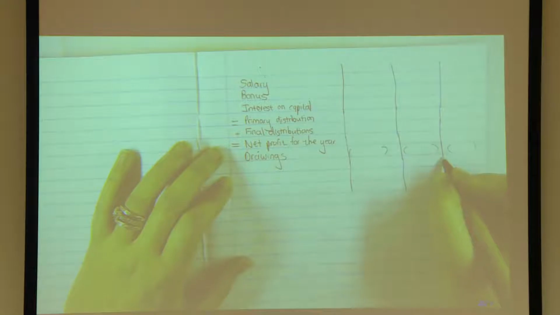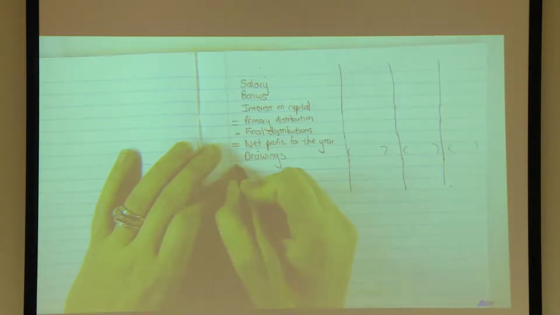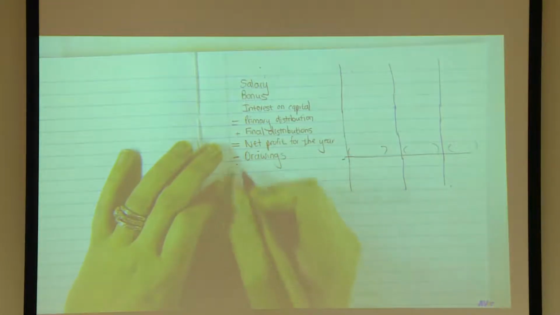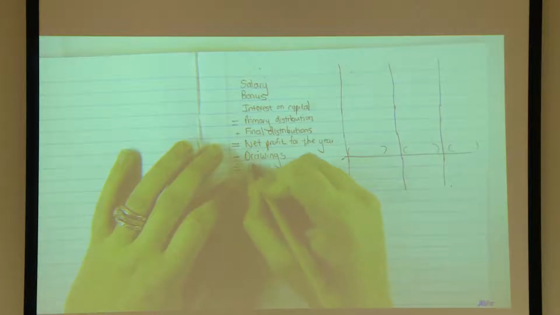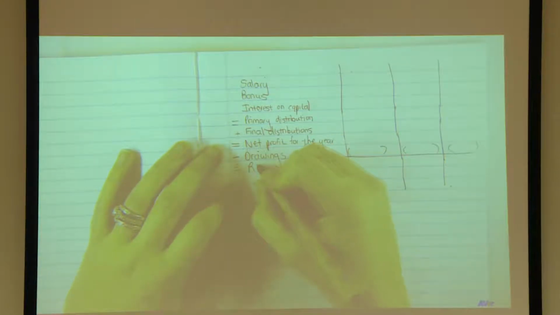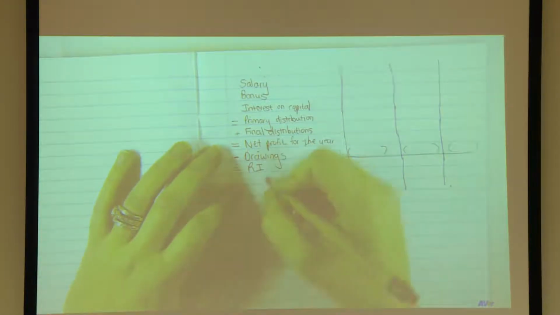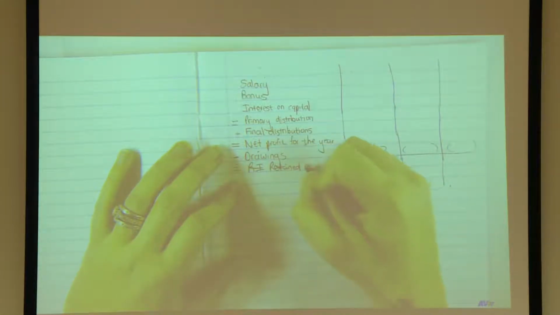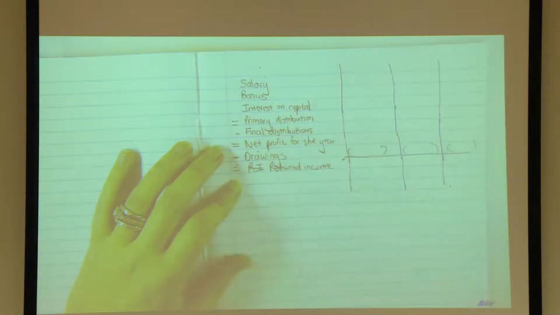Then, what do we get? Net profit for the year minus drawings equals retained income. Let me rather write it out. Retained income for this year.